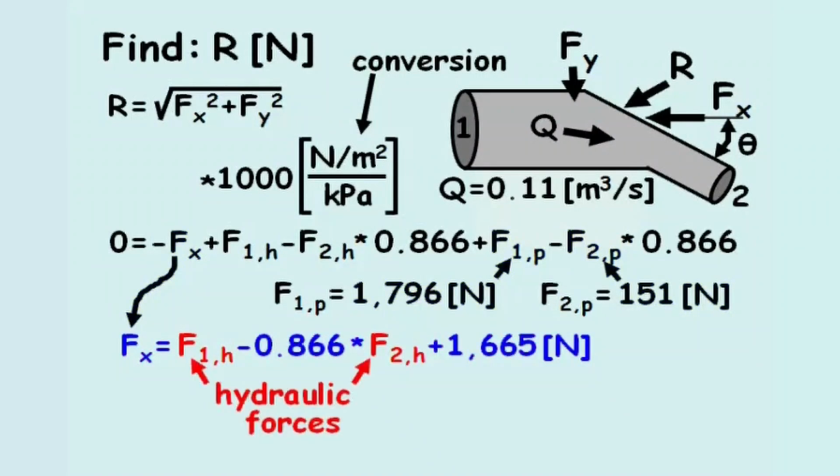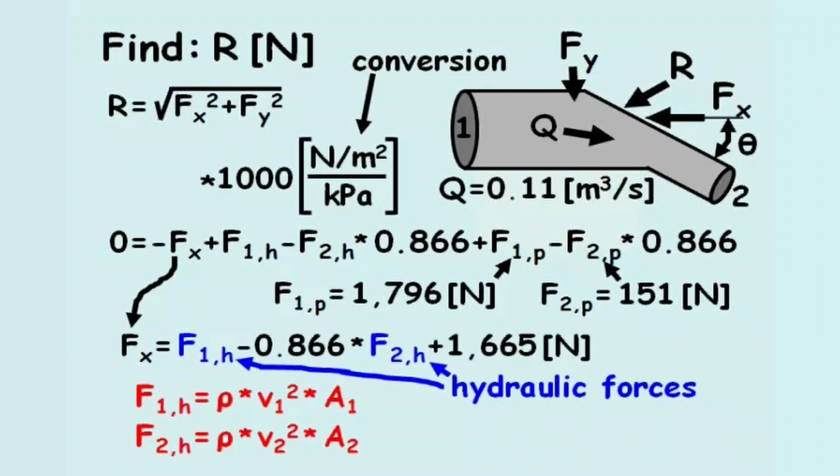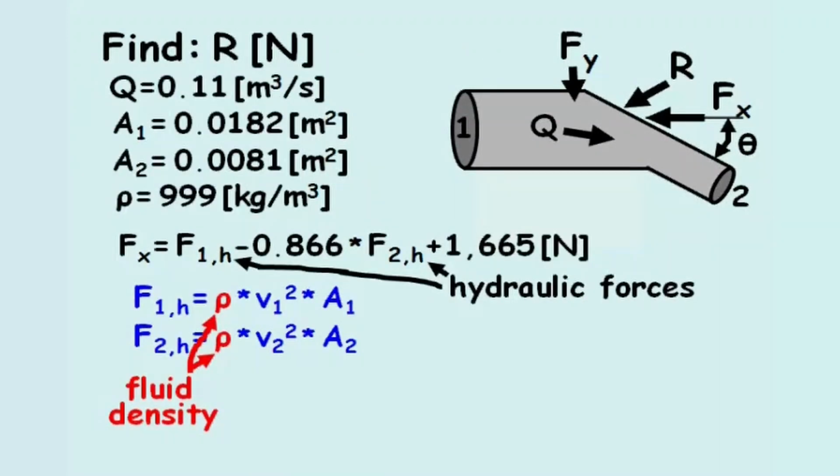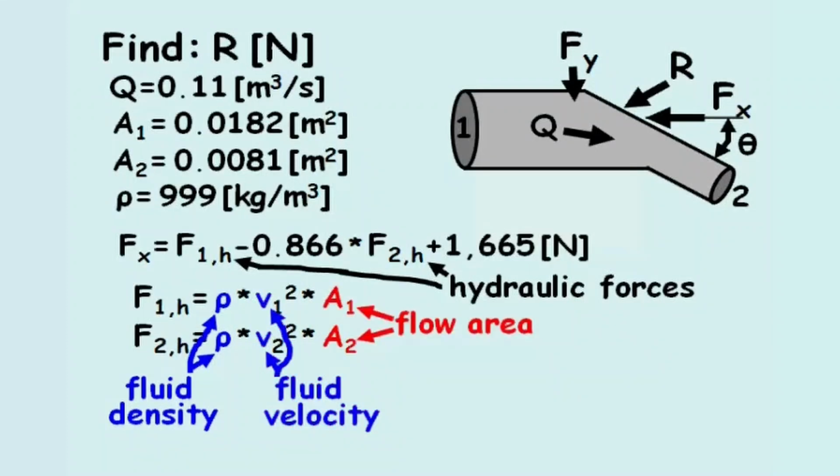Next, we'll solve for the hydraulic forces at ends 1 and 2, which equal rho v squared A, where rho represents the density of the fluid, v represents the velocity of the fluid, and A represents the flow area. From the problem statement, we already know the density and area.